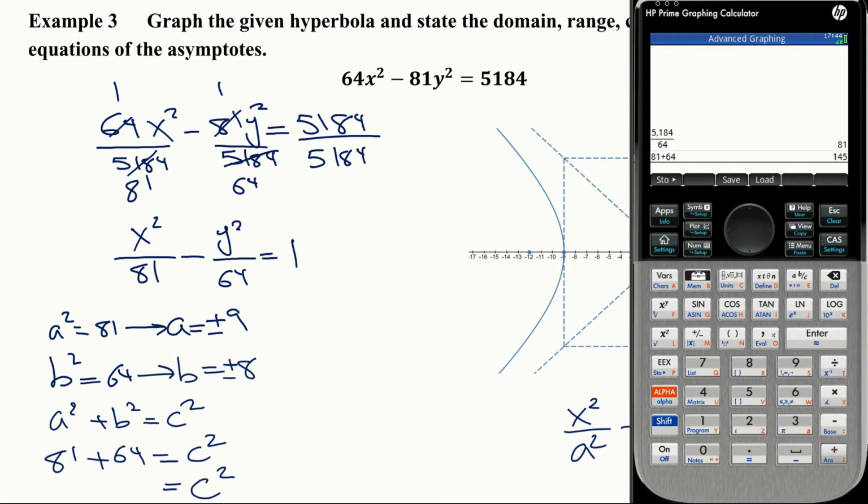So 145. So c is positive or negative square root of 145.